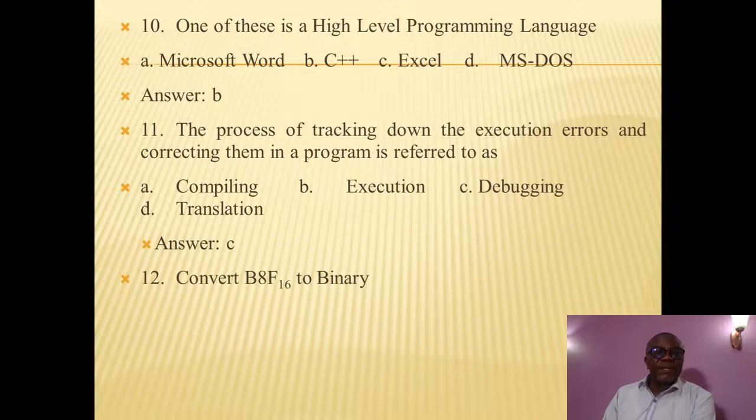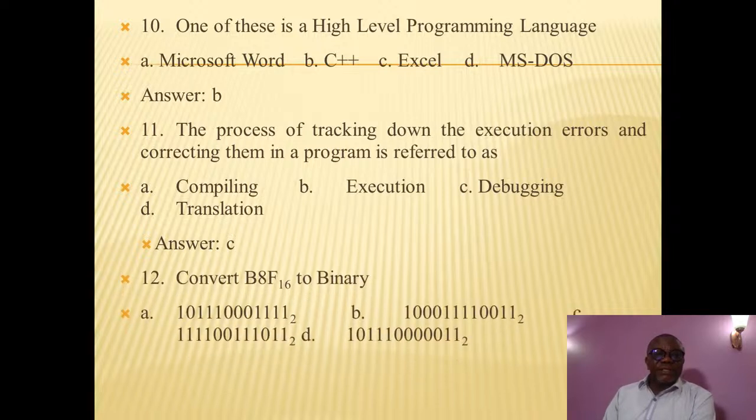So we now say convert this number B8F in base 16 to binary. We feel it is very easy to do. First, when you are given a number in base 16 to convert to binary, you start from the least significant figure, which is the one to your right. Now, F is 1111 in base 2.